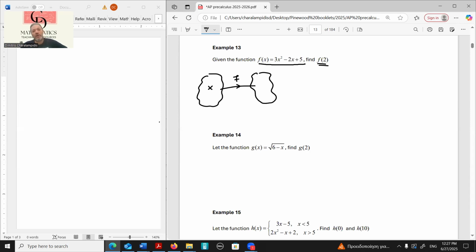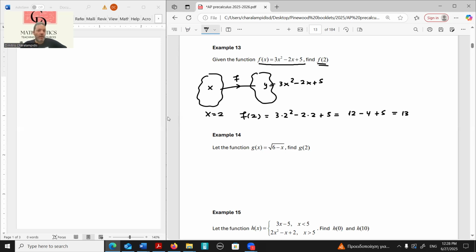So x would be related to y, which in this case is the same as 3x squared minus 2x plus 5. So if we follow that rule, when x is 2, then f of 2, which is the corresponding y value, should be 3 times 2 squared minus 2 times 2 plus 5. So it's going to be 12 minus 4 plus 5, which is 13.